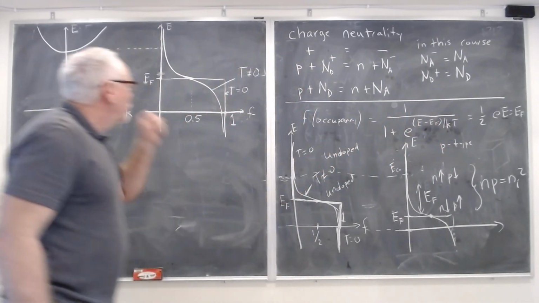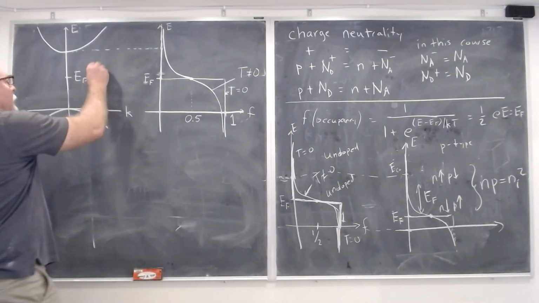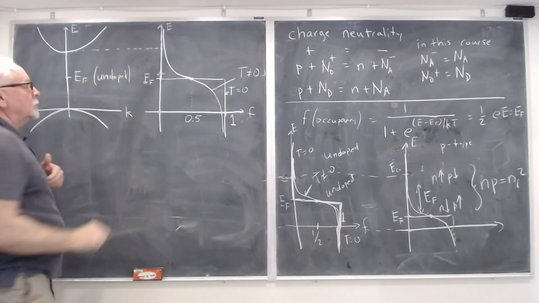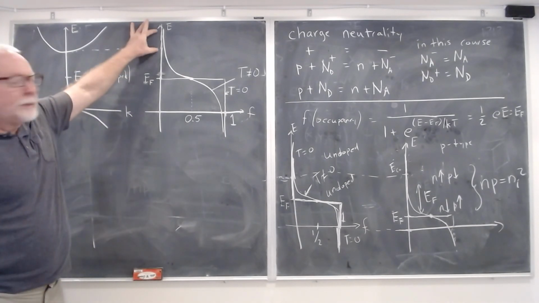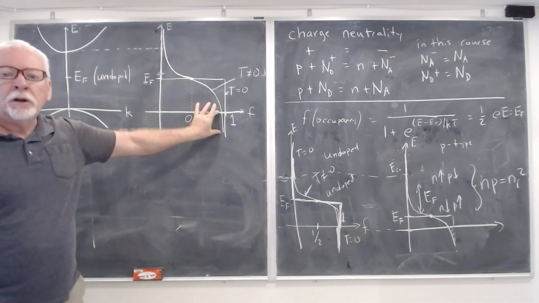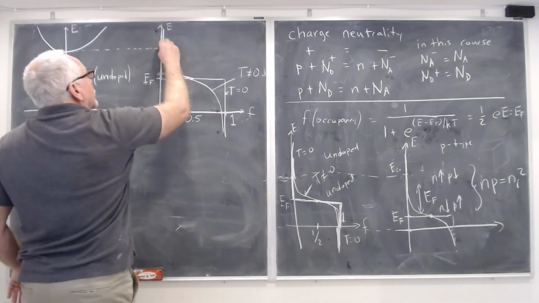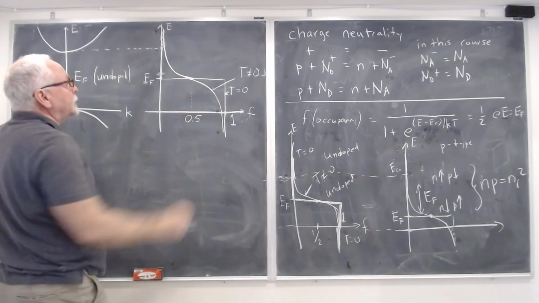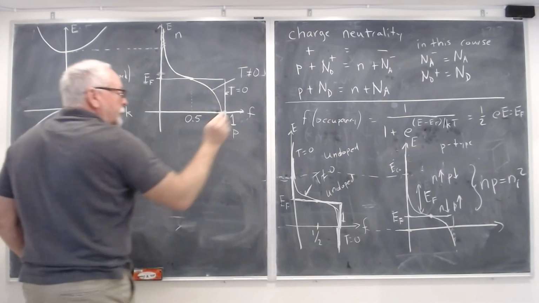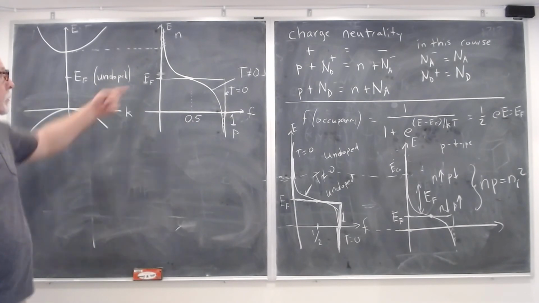And so what you see is that if EF is in the middle, which is undoped, the occupancy of the conduction band and the unoccupancy of the valence band are equal. So the number of electrons, N, is equal to the number of holes, P, because the function is symmetric, because I put EF in the middle.